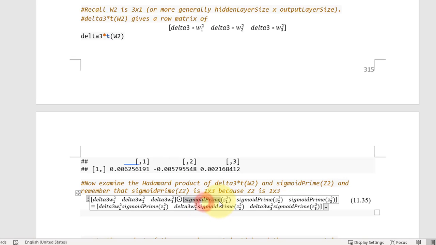So we're taking sigma prime of the first element of the matrix, sigma prime of the second element, and sigma prime of the third. So we do see that this is a 1 by 3, and this is also a 1 by 3. And so we can do the Hadamard multiplication here, and we get this times this one, and then this one times this one, and this one times this one, which is what we have here.